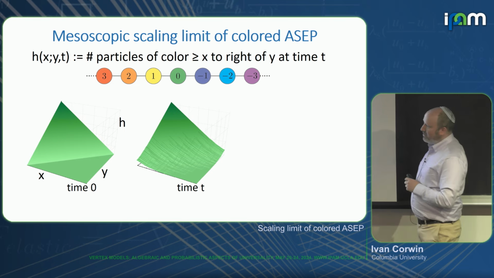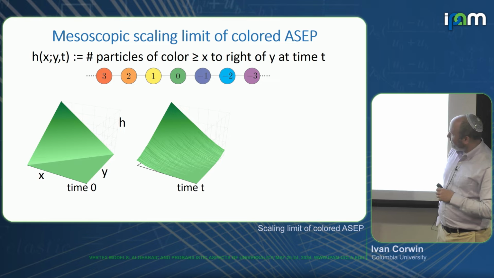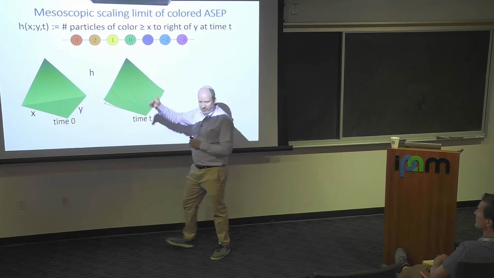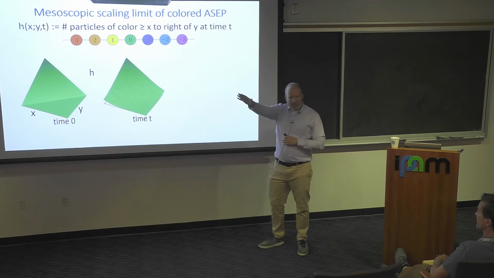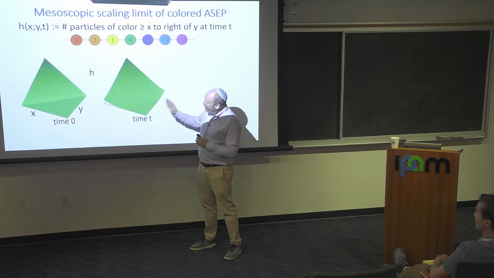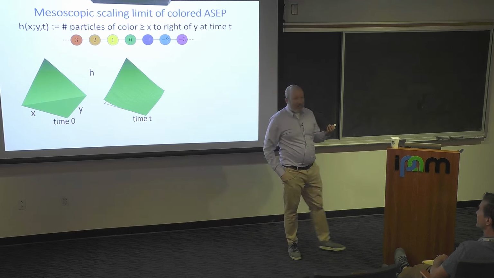Okay, so this is what happens. We've run it for some long time. Think of t as some long time. And what you see is that this initial step profile, this sharp region, starts to rarefy. And in fact, if you fix x, it's known that there's a hydrodynamic limit to ASEP.